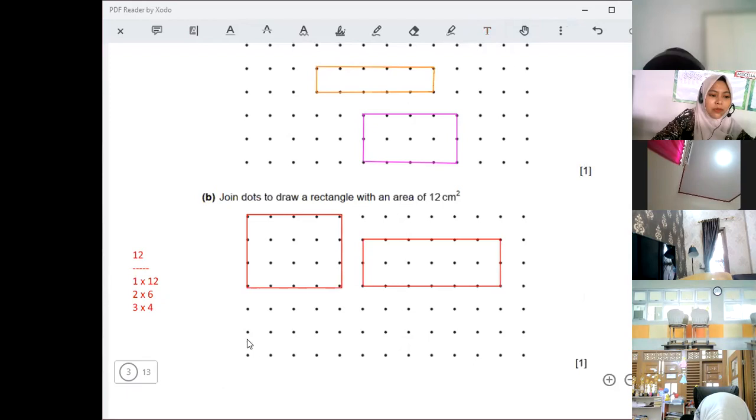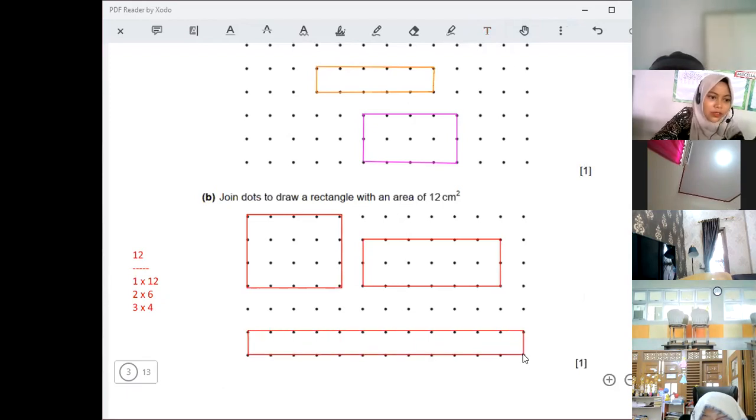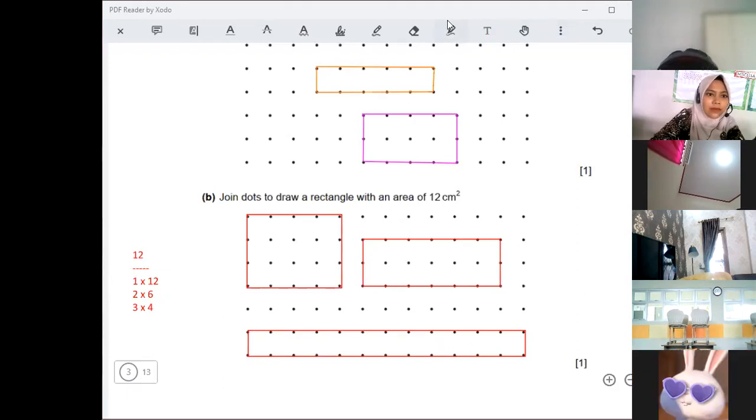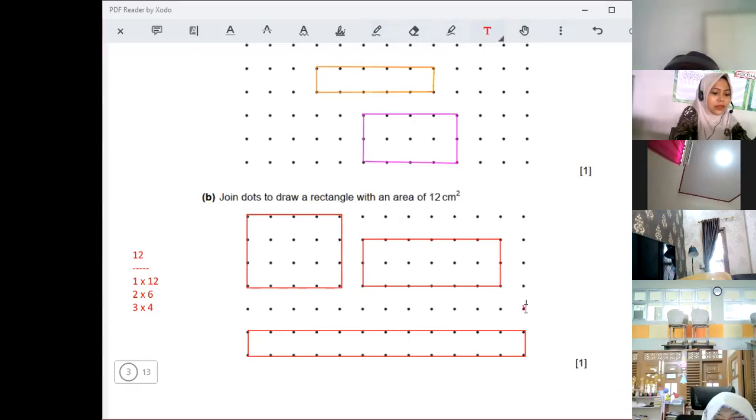So we can also make 1 times 12: 1, 2, 3, 4, 5, 6, 7, 8, 9, 10, 11, 12. This one is also possible. Choose one shape only.